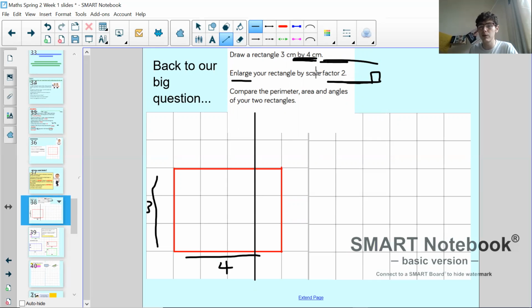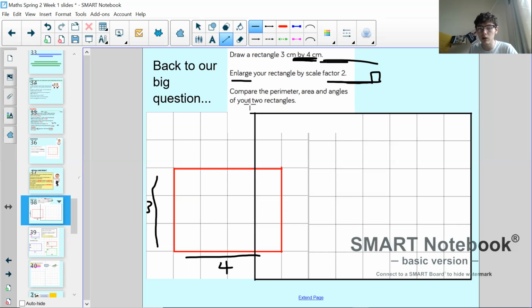And as we read, we're enlarging it by scale factor 2. So this is going to be doubled, giving us 8, okay? So we need to count out 8 squares. 1, 2, 3, 4, 5, 6, 7, 8. So once again, this is filling out the page all the way to the end. And then all I would do is just finish off my rectangle now, okay? So once again, it's the same up on the other side, and then the same across the top, okay?